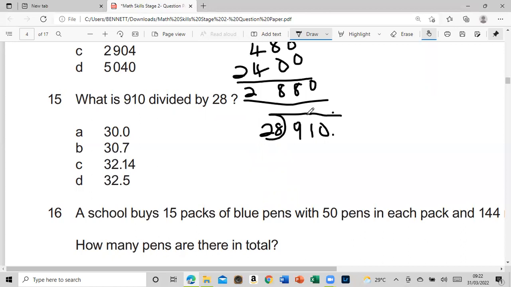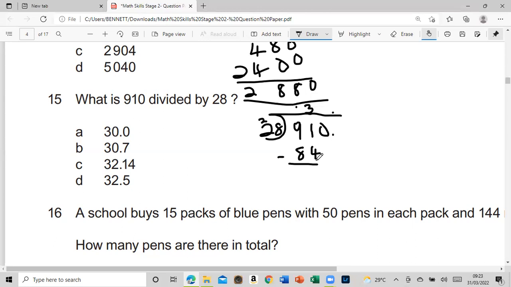That should go 3 times. So you can just put 3 right here. So 3 times 8, 24. So that's 2, carry the 4. 3 times 2, 6, and that's 84. Subtract now.